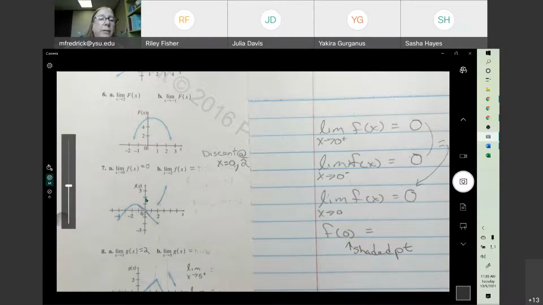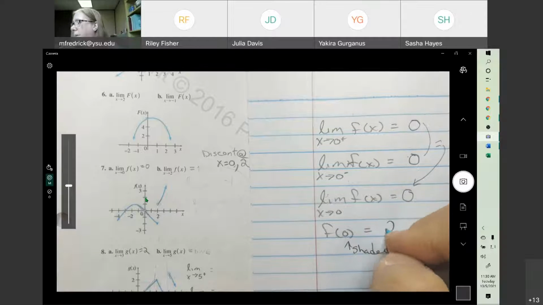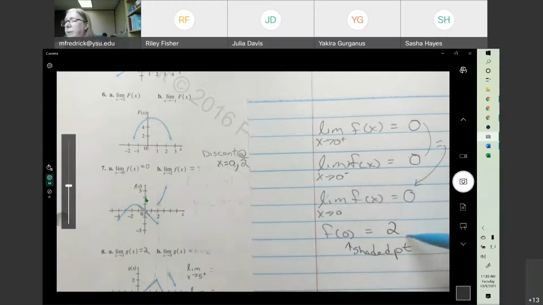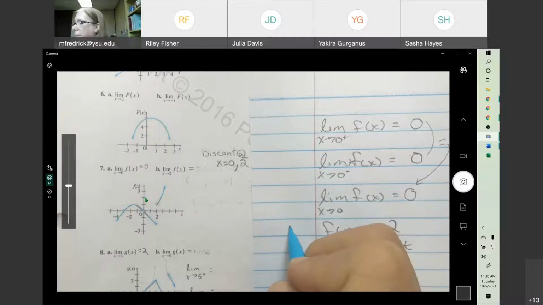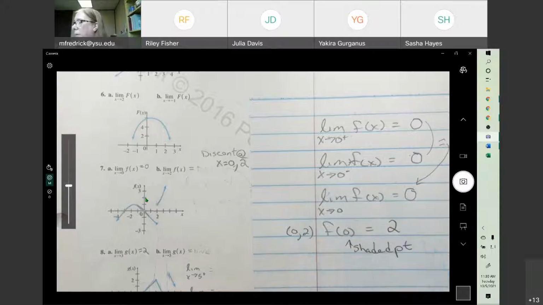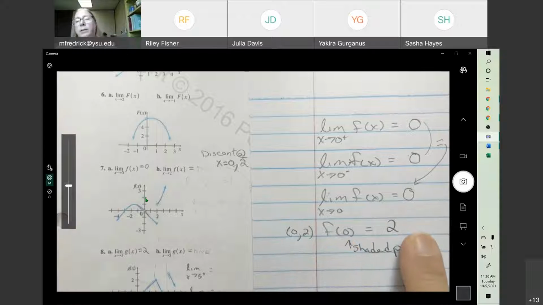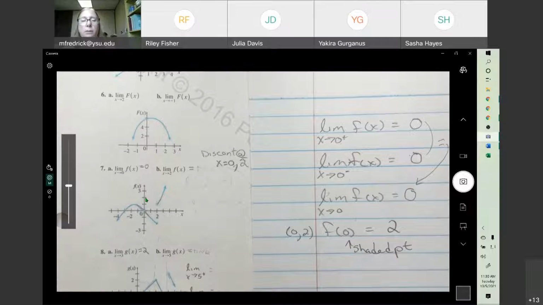And that would be this point. The point is 0, 2. So your answer would be the y value. All of these answers would always be your y value. So our shaded in point is the point 0, 2. x is 0, y is 2. Any questions on that part?